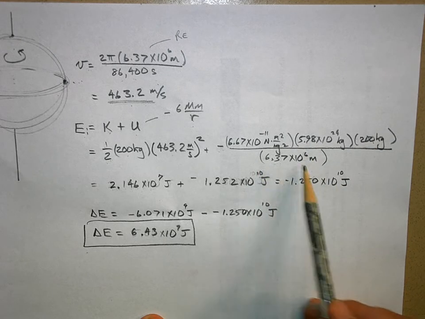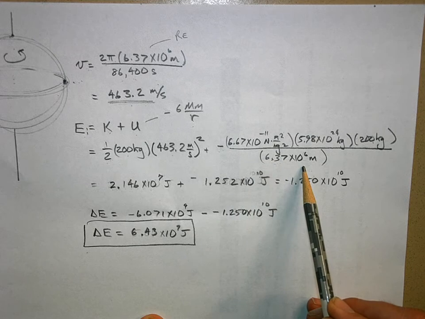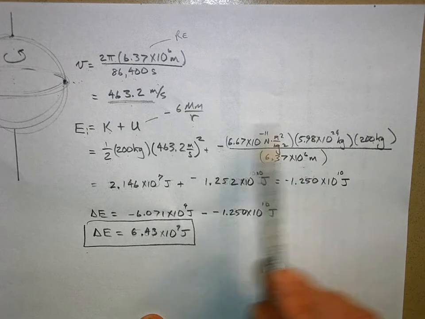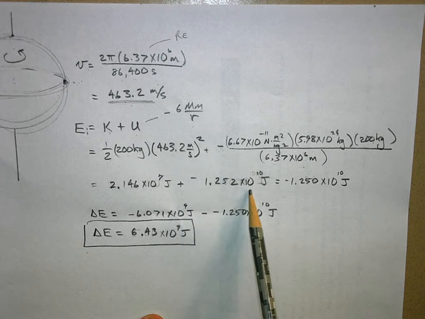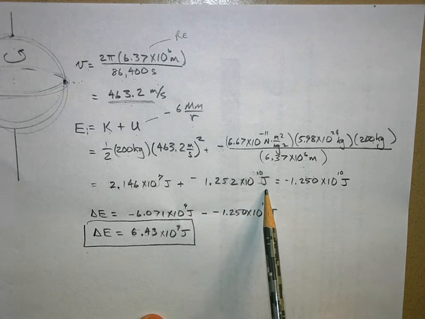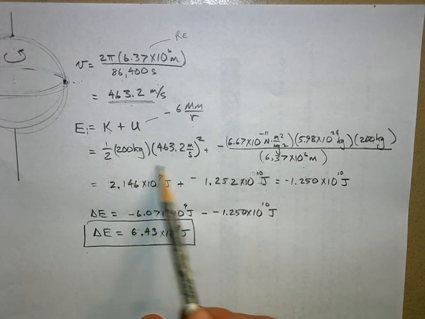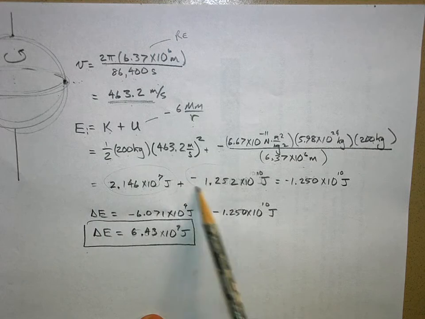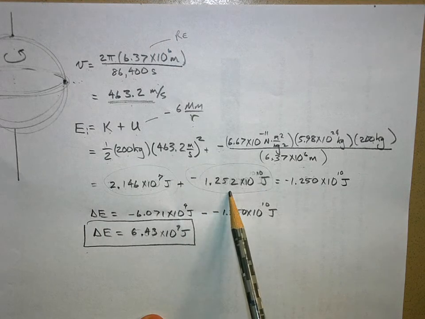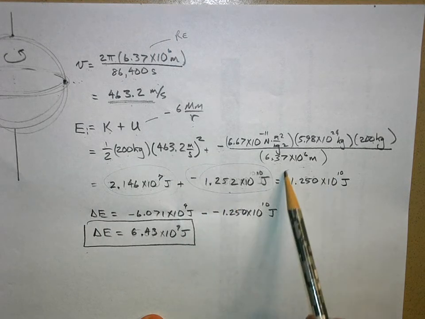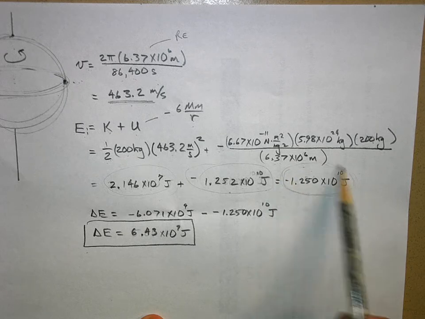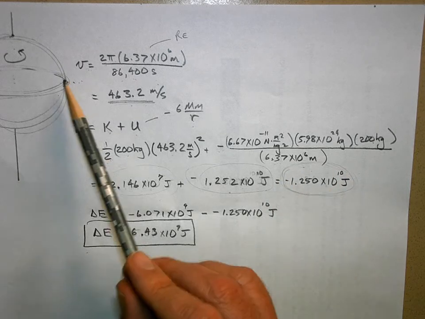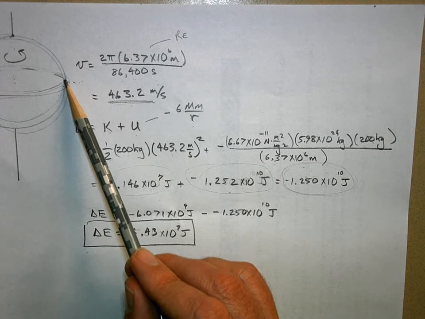And r here is the radius of the Earth. And when you do this arithmetic, you get negative 1.252 times 10 to the 10 joules. So this is my kinetic energy. Here's my potential energy. So I get this. This is my initial mechanical energy. This is how much mechanical energy my payload has just before you launch it, right here on the Earth's surface.